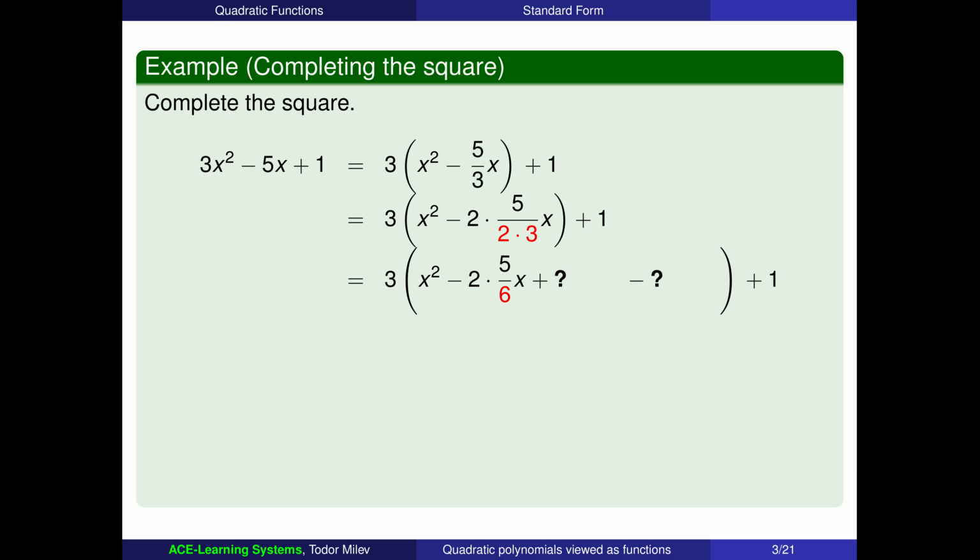Now, here comes the real magic, the most crucial element of completing the square. We need to add a certain quantity and subtract a certain quantity so as to make the expression that you see here into a perfect square. So, I need to select the question mark so that this becomes a perfect square.